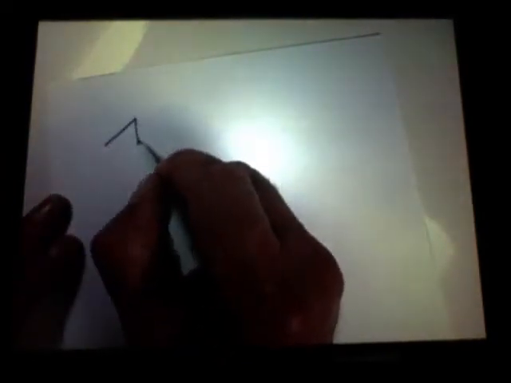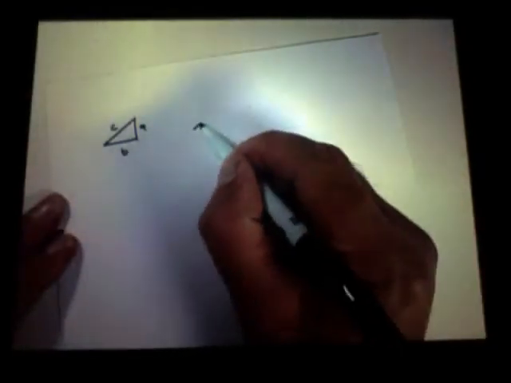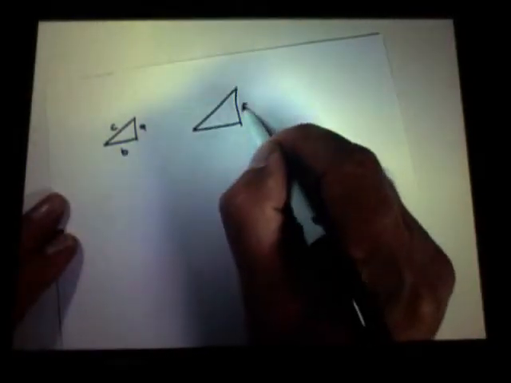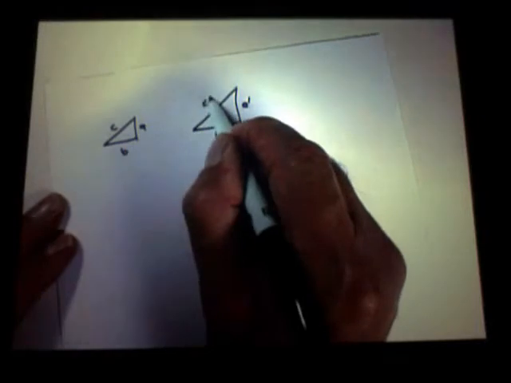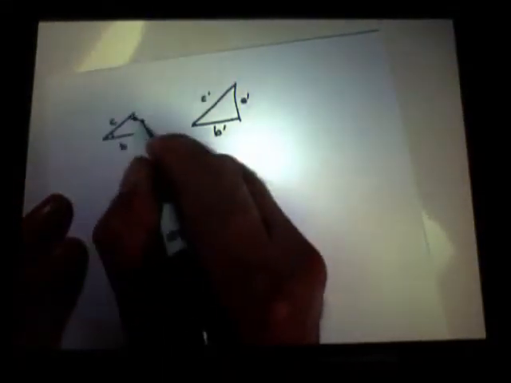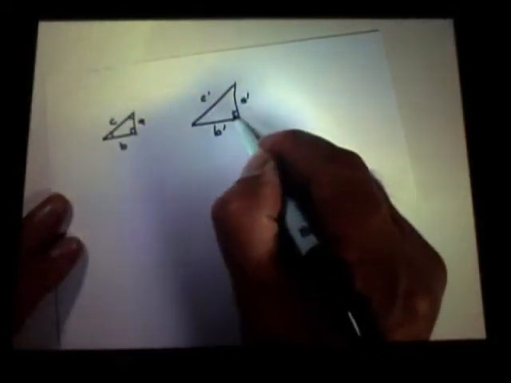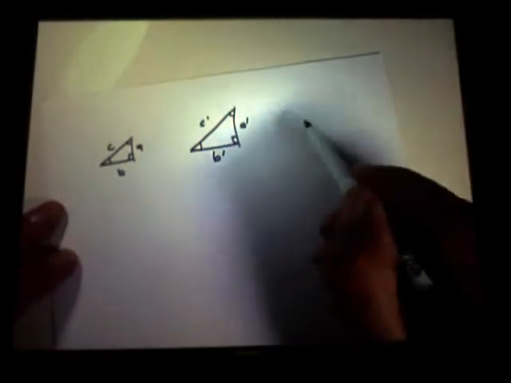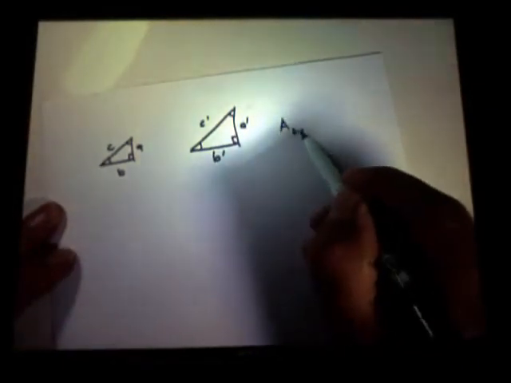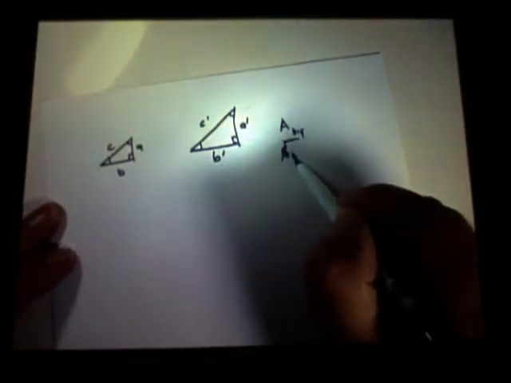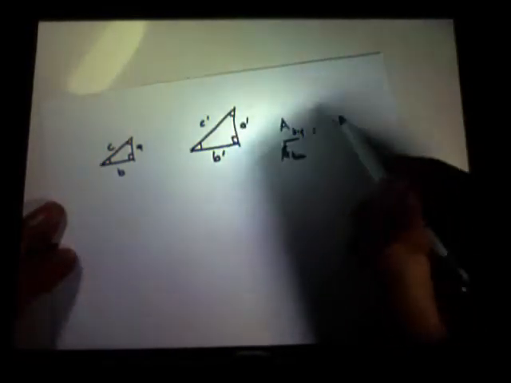If I have a triangle with sides A, B, and C, this doesn't have to be a right triangle, but so what, maybe it is. And then I have another one with A prime, B prime, and C prime. And they're similar, which means these angles are the same, respectively. The ratio of the two areas goes as what? The ratio of the big one to the small one is what?